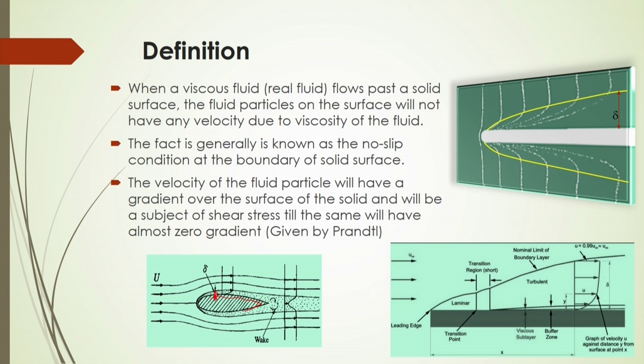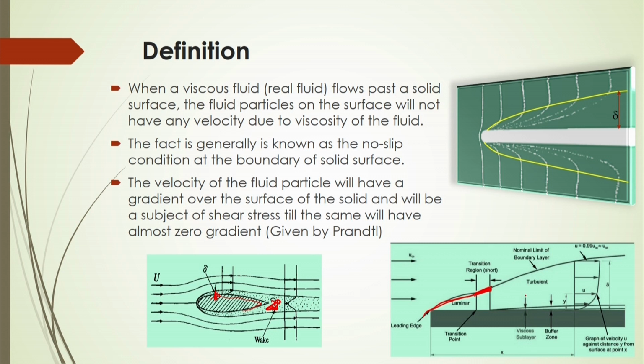The distance is called the boundary layer thickness, denoted by delta, and in this region it forms a wake. Over the flat surface see the laminar boundary layer, and here is the transition where there will be a mixing of laminar and turbulent conditions, and again you get the boundary layer due to the viscous effect of the fluid.